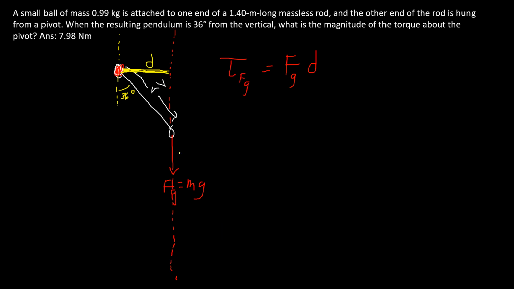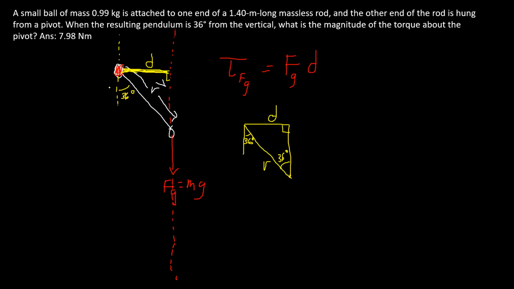How do we solve for D? If we redraw the right triangle that we formed, this one is R, this one is D. This one is 90 degrees, this one is 36 degrees. Therefore, if this one is 36 degrees, then this one is also 36 degrees, by the alternate interior angles theorem.